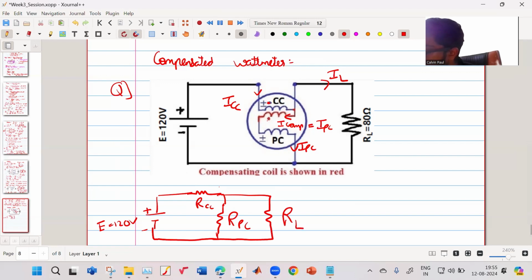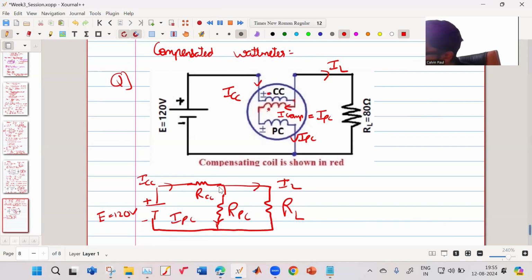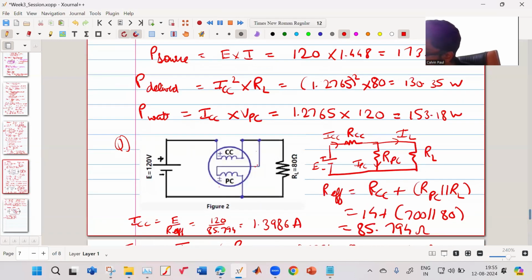This is my RL. Okay, this is my RL. Now, this is my current to the current coil. This is my current going to the load. This is the current in the pressure coil. So if you see this circuit, it is same as this circuit. Exactly same. Only there is a certain compensating coil there.